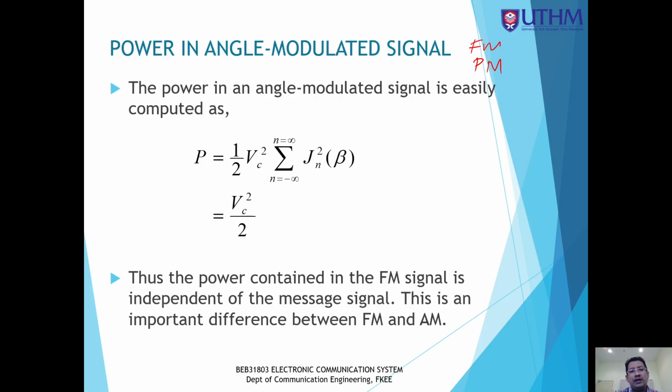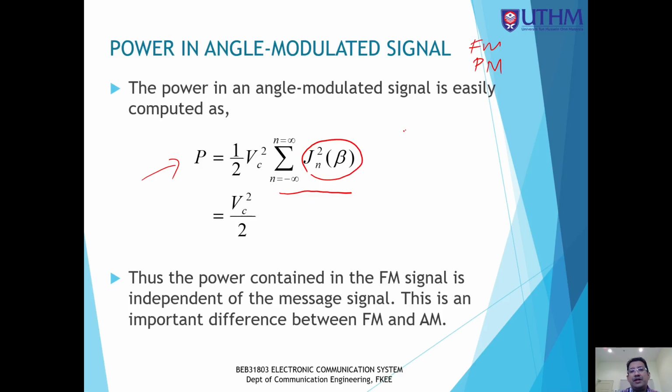The way we calculate the total power is equal to 1 over 2 Vc square multiplied with the summation of Jn square from minus infinity to infinity. This is the quadratic summation of relative amplitudes. As we learned last week, the relative amplitudes have no unit; it is a unitless parameter.